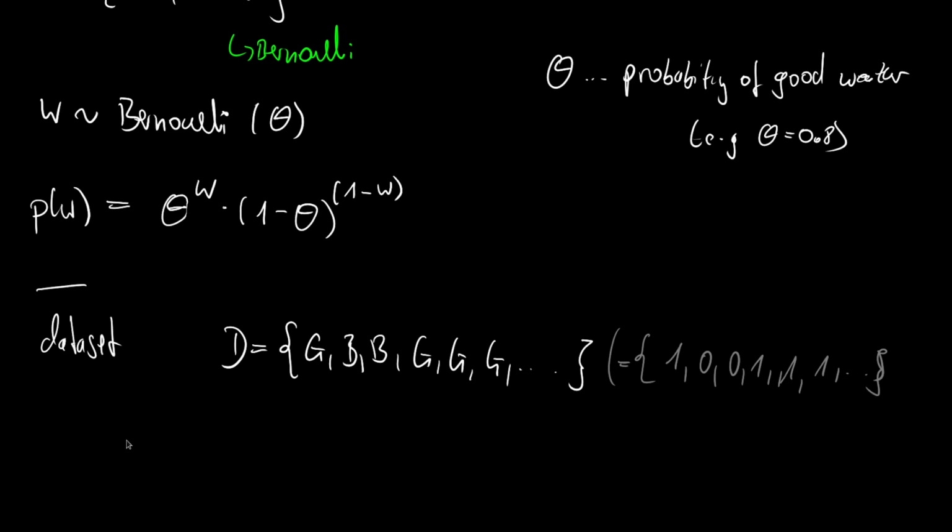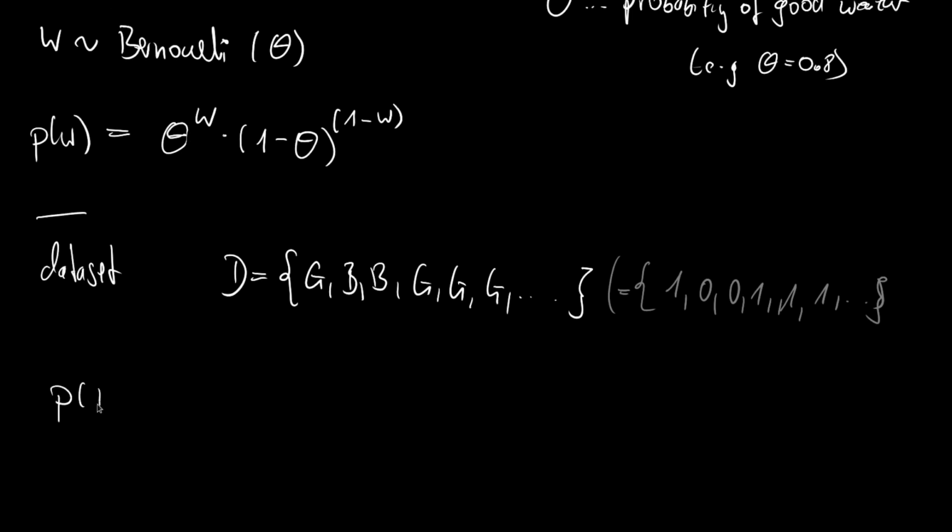And we can then determine the probability of the dataset, or in other terms, its likelihood. The likelihood or the probability of the dataset is defined as the product from 0 to n minus 1, because we have n observations, of the probability of the weather being the ith observation of the weather.